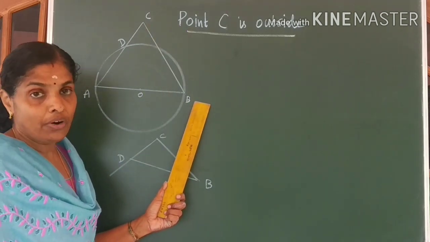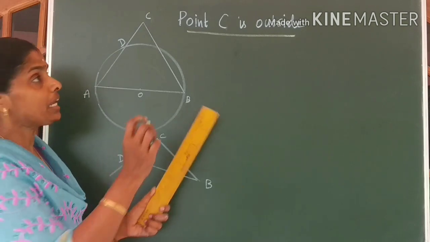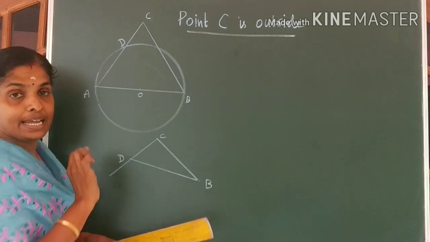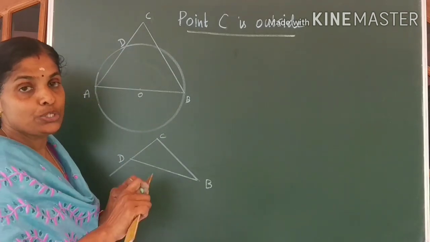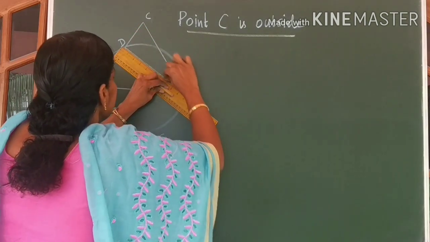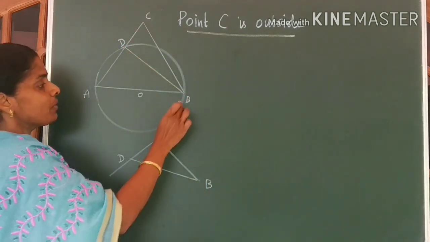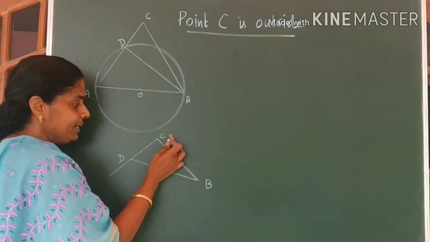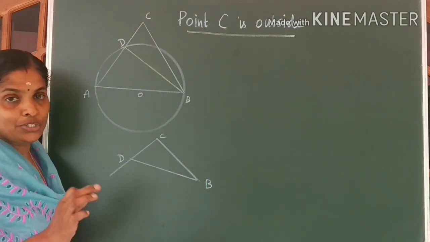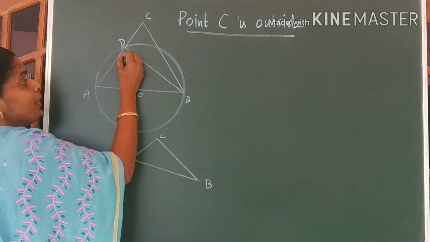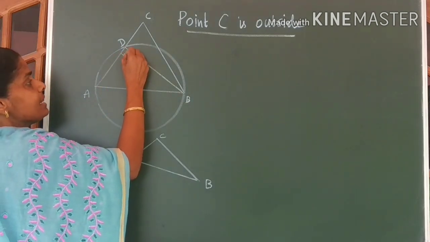For that, let us mark a point D where this line cuts the circle. Now join D to B. Join DB. So you got a triangle BCD. I have drawn the figure over here to get a clear idea. Now what do you know about this angle, children?